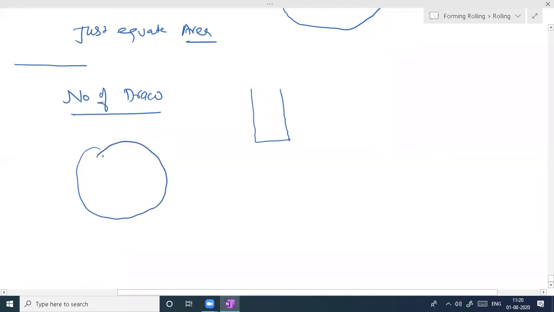Then one more thing we discussed, number of draws. Suppose you want to make a cup or a glass like this from a blank like this, you cannot make it in one operation.